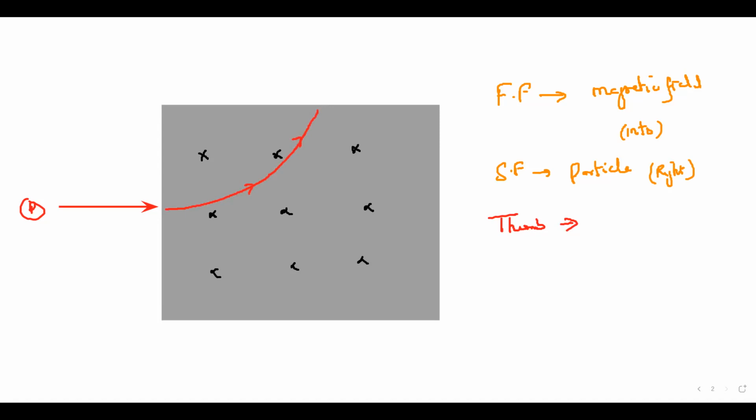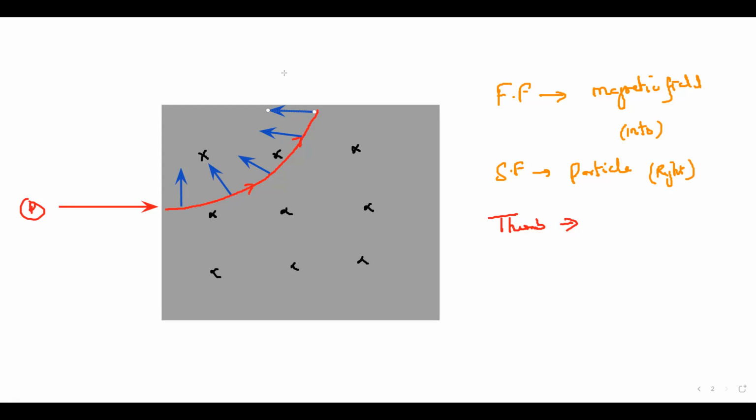Because it is moving in a circular path, and whenever an object moves in a circular path, there must be a resultant force acting, and that resultant force must act towards the center. So when the particle enters, the force is in this direction, but as the direction changes, the force is also changing, though its relative direction remains towards the center.